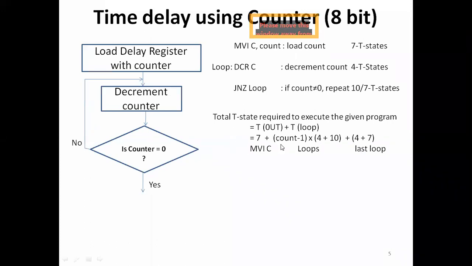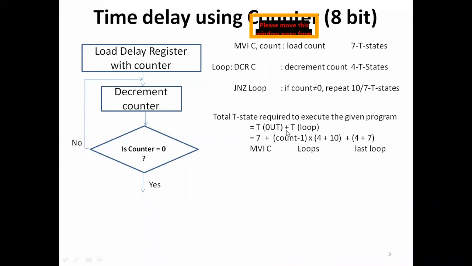So how to calculate this value? The total T states required to execute the above program is T out plus T loop. T loop is the T states in the loop, and T out is outside of the loop, which is why it is 7T states. So we have divided the total T states into those outside the loop and those within the loop.